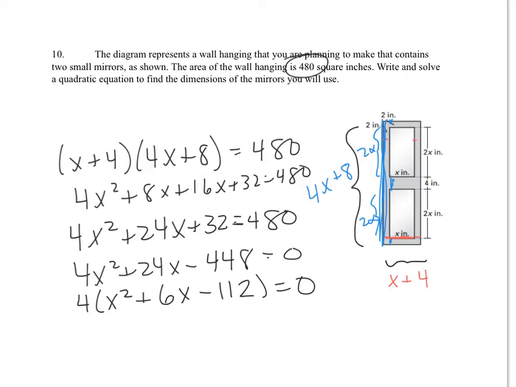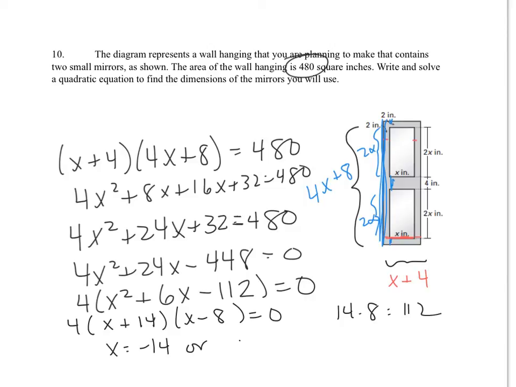Okay, and 14 times 8 is 112. So if we just play with the signs there, we get x plus 14 and x minus 8 equals 0. So x can either be negative 14 or 8.